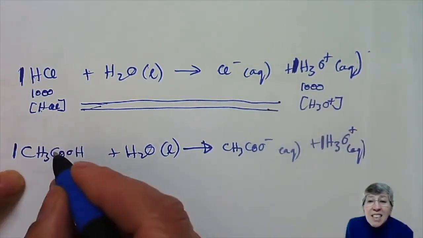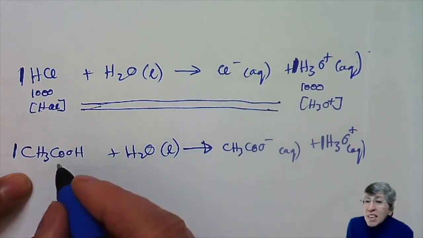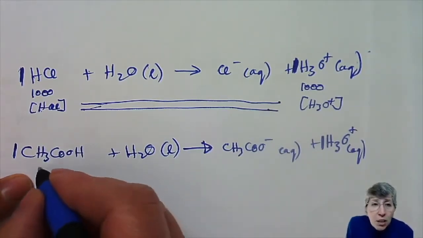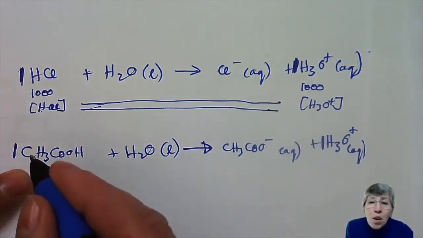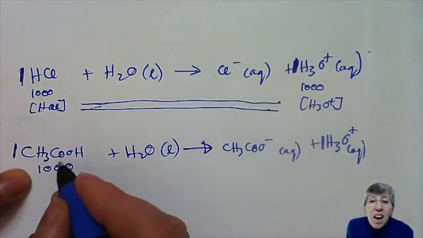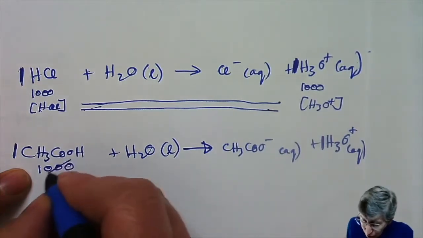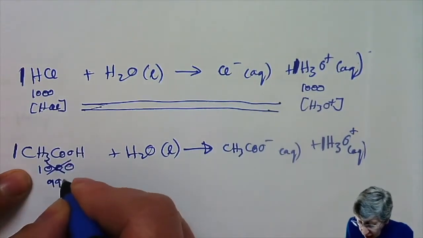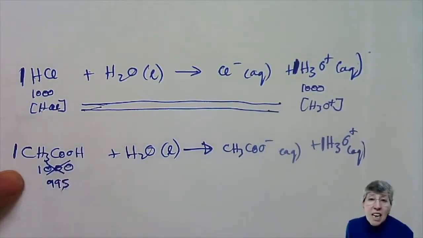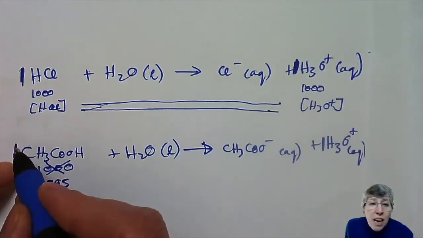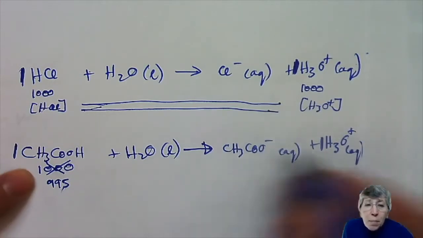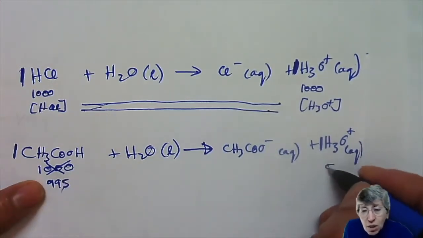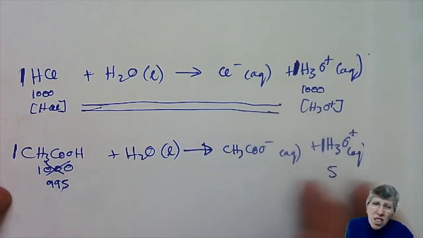But this is a weak acid, which tells me that it does not ionize completely, which tells me if I put 1,000 of them in there, only a part of them will react. They ionize incompletely. So of the 1,000, something like 995 will stay like this and only 5 will react, right? So every one that reacts gives you 1 hydronium ion, but there's only 5 reacting, so this is only going to be 5, right?